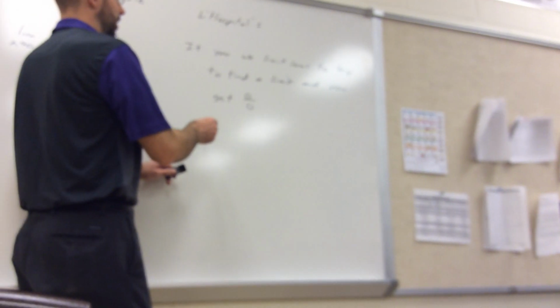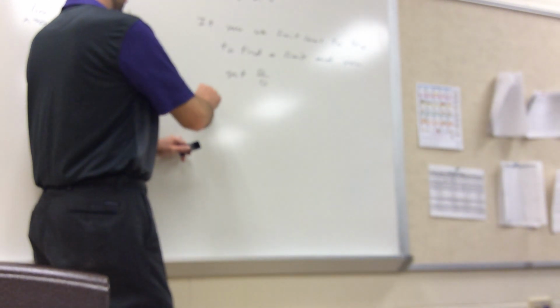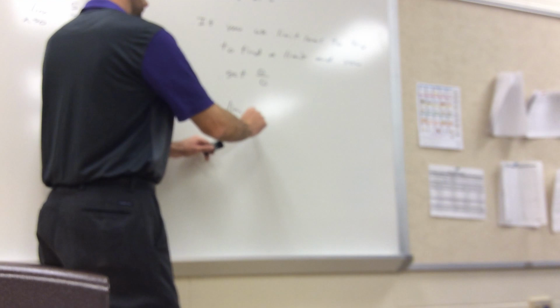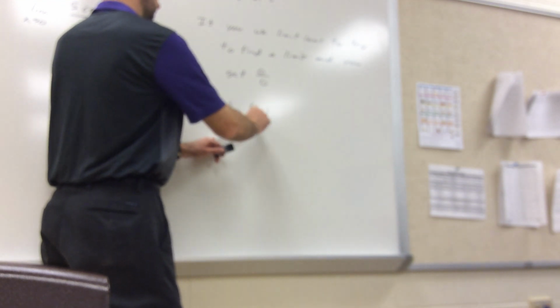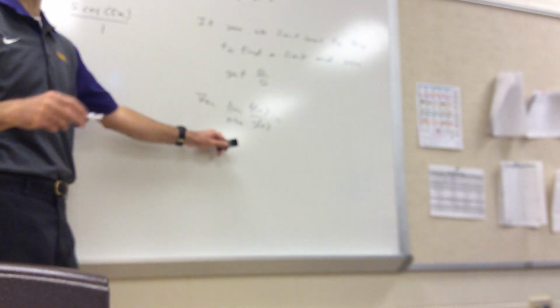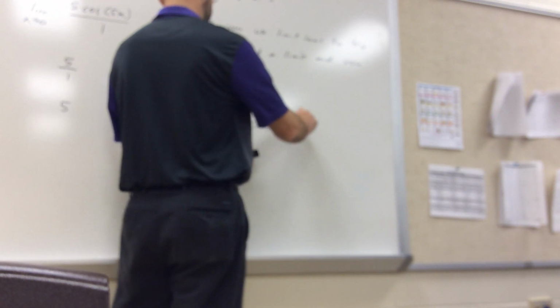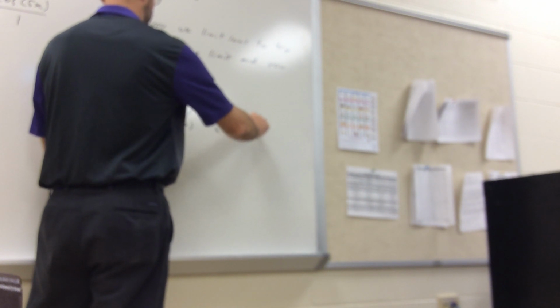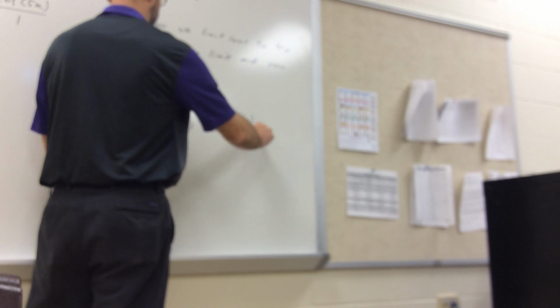Okay, so if you use limit laws and try to find a limit and get that, then it turns out that the limit of f of x over g of x is equal to the limit of f prime over g prime.